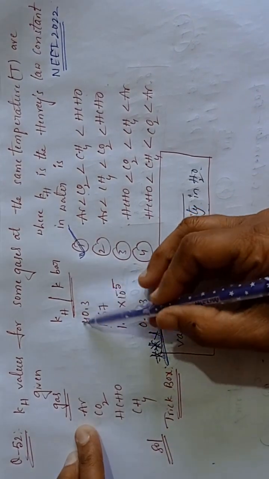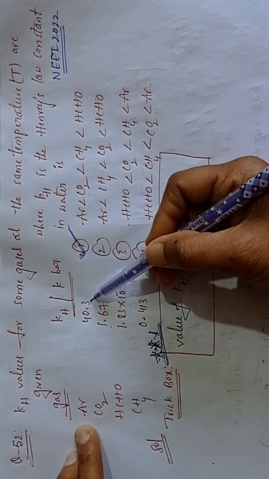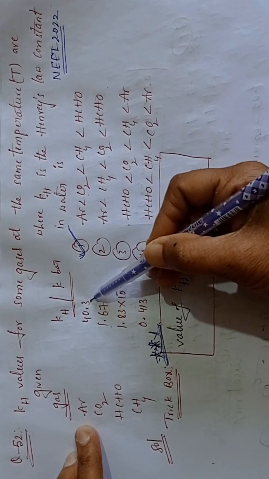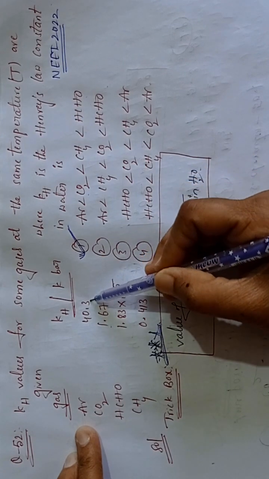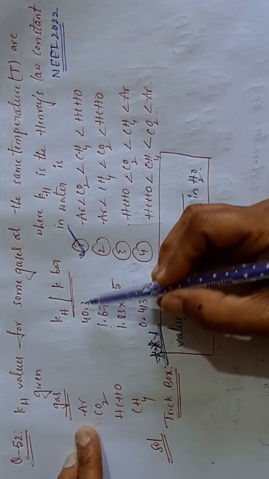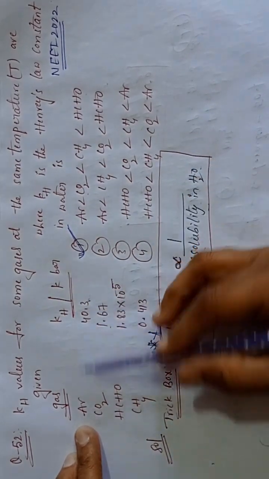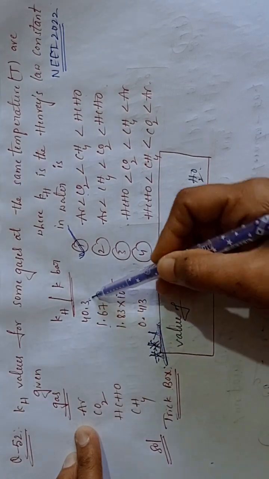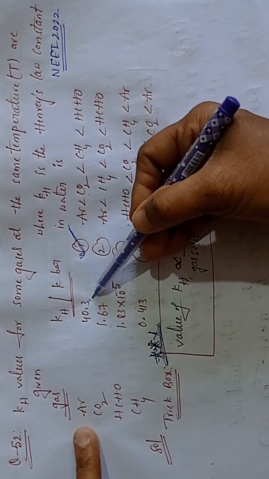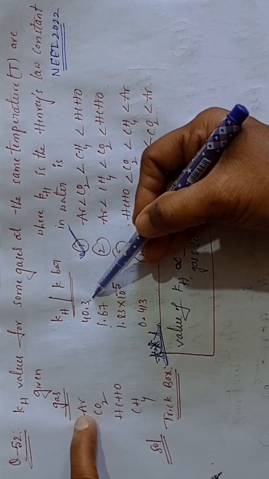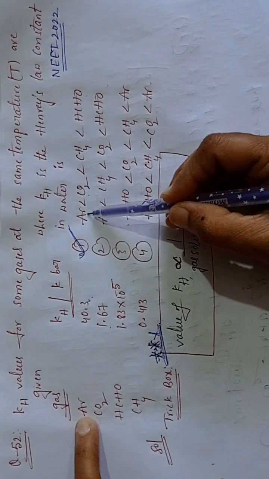So here 40.3 KH value is more, so the greater the value of KH, the less the solubility. Argon has the more KH value, so that means its solubility in water is less, so that's why argon solubility is less.